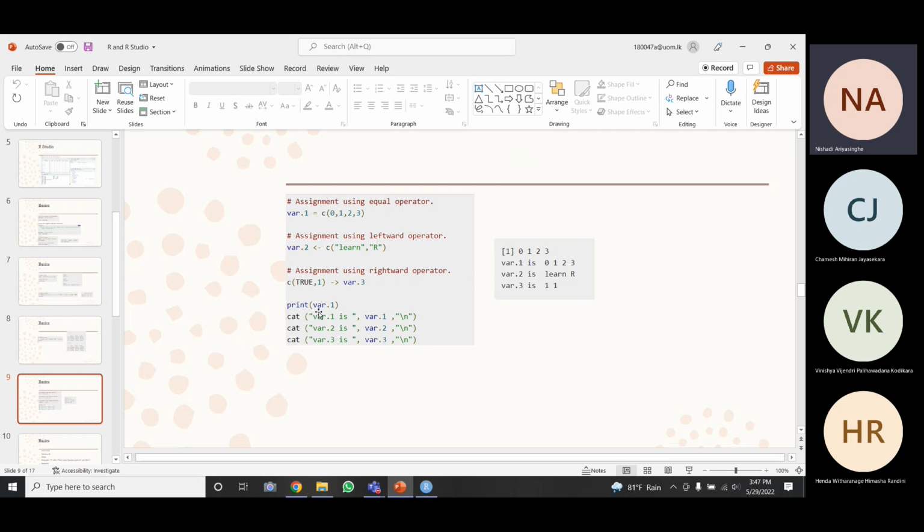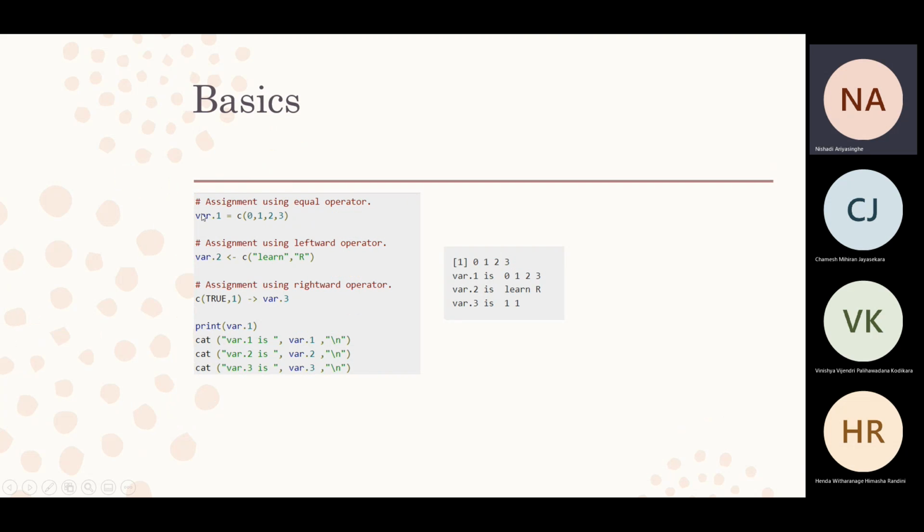So if we print these variables, variable 1 has the assignment using the equal operator. Variable 2 has the assignment using the leftward operator. And variable 3 has been assigned using the rightward operator.